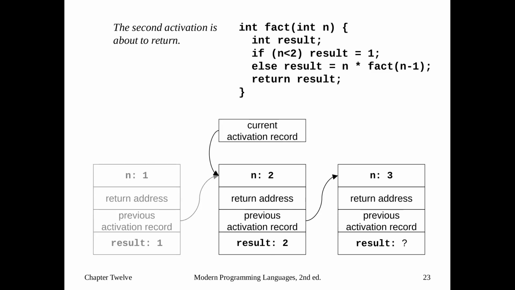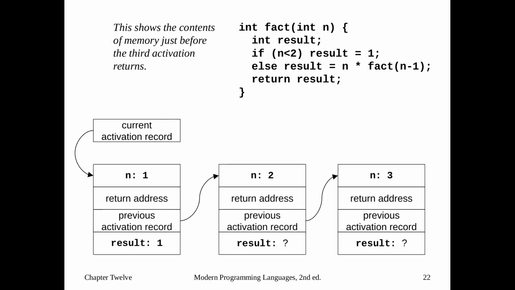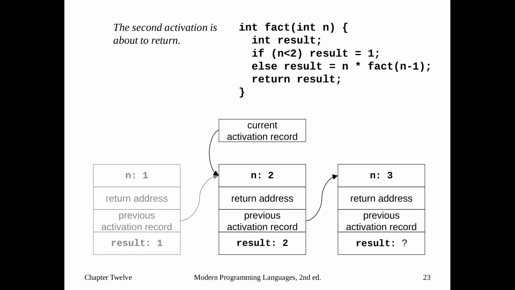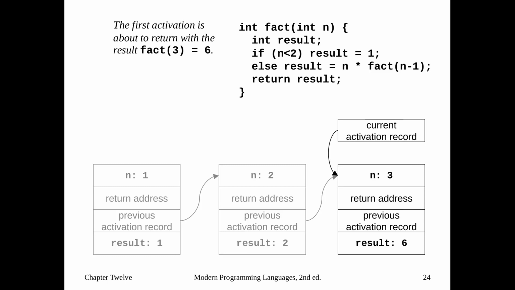We have our current activation record, and that gives us our return address and our previous activation record, and our result is finally evaluated to 1, which then returns back and gives us n times 1, where n is 2. 2 times 1, the result is 2, which then returns back to the initial activation record, where n was 3. Result is 2 times 3, 6, and then that returns to the return address.